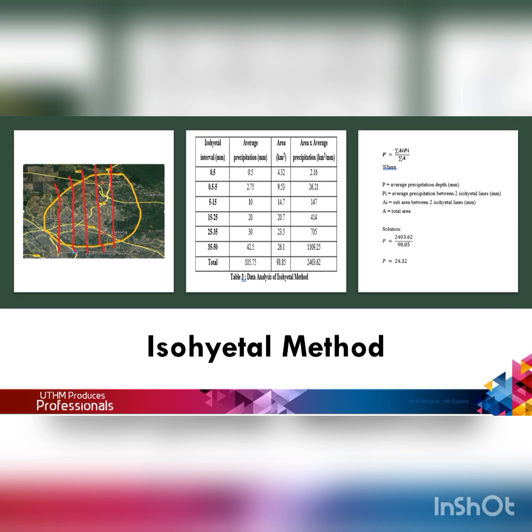Then based on the areas, we will put them into the table, and we will get the data analysis for this method. Then we will put it into the formula, and we will get the solution, which is P equal to 24.32.